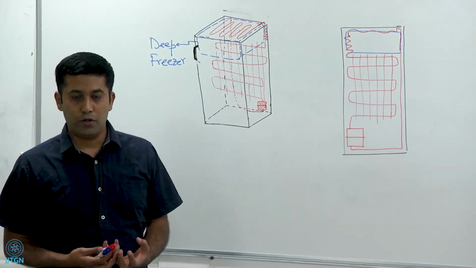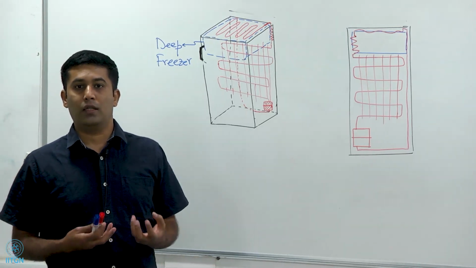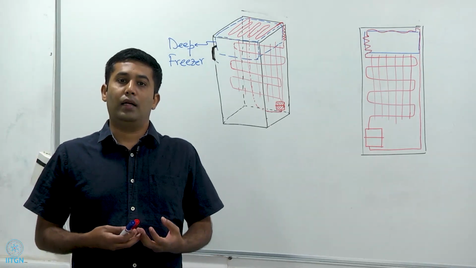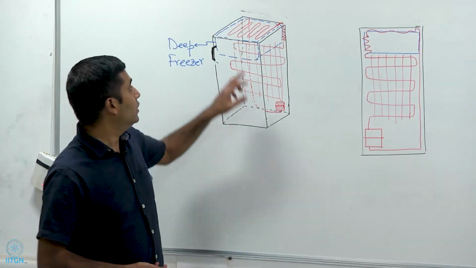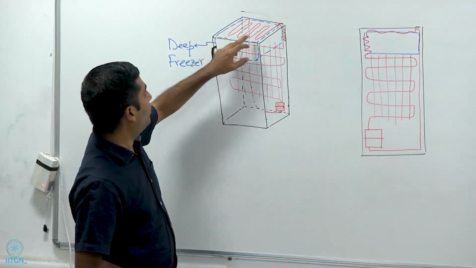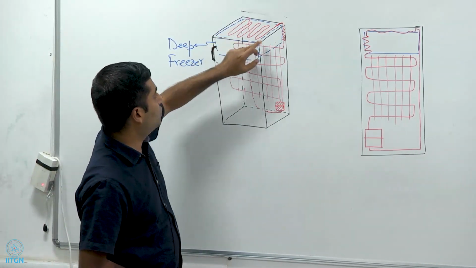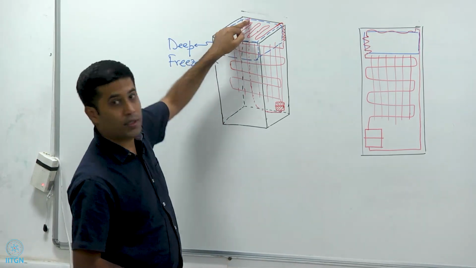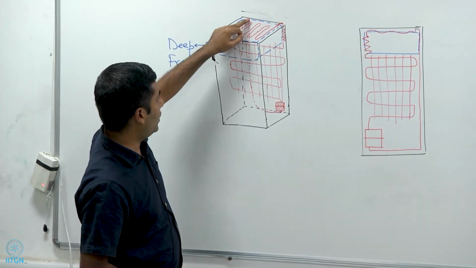So if we want to freeze something, we want it very cold, and that's where it absorbs the heat from the freezer and evaporates or boils the refrigerant traveling inside these tubes. And then it becomes a superheated vapor, or a saturated vapor.